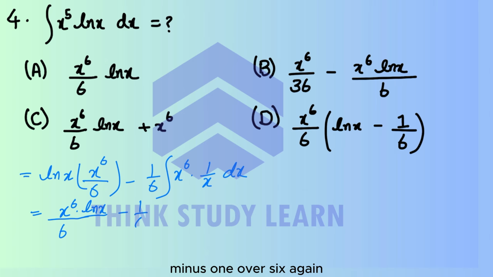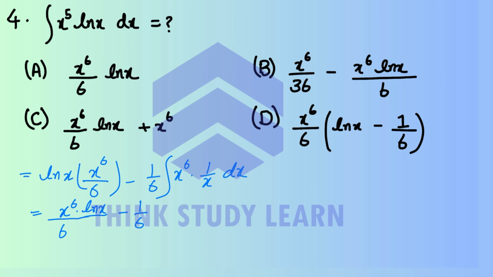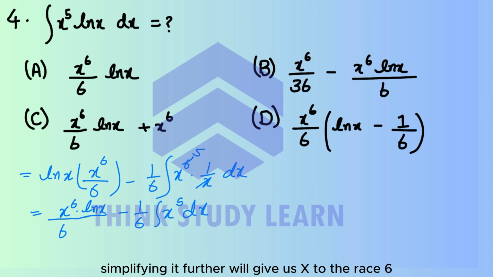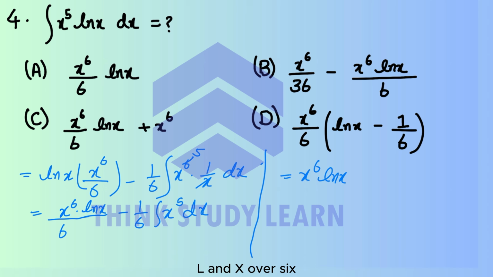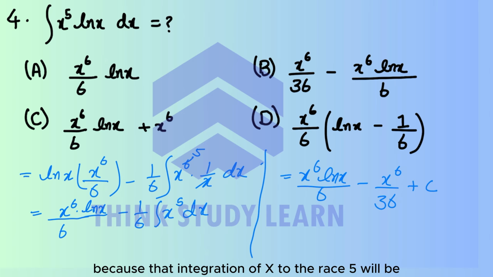So simplifying it, we get x to the 6 over 6 into ln x minus 1 over 6. Again we will take the integration of the remaining part, which is x to the power 5. Simplifying further gives us x to the 6 ln x over 6 minus x to the 6 over 36 plus c, because the integration of x to the power 5 will be x to the 6 over 6.